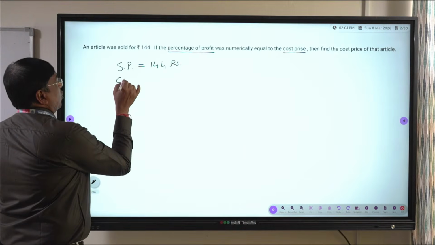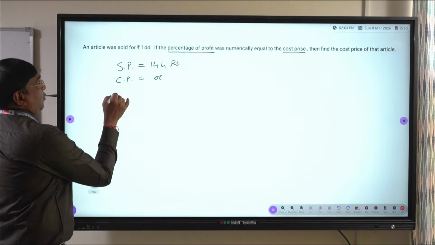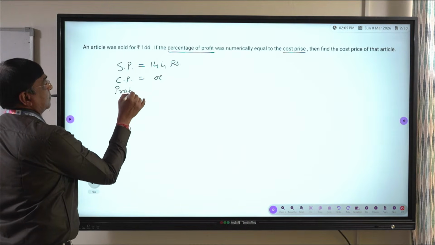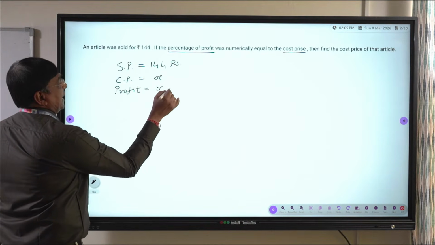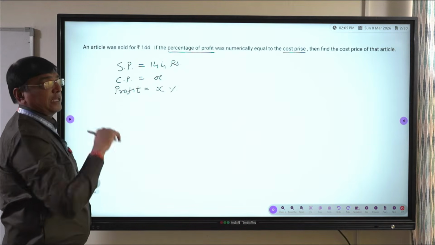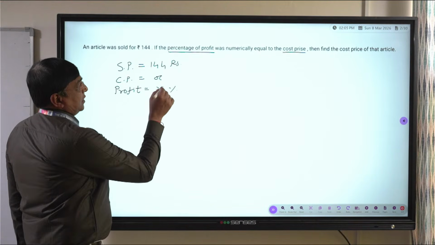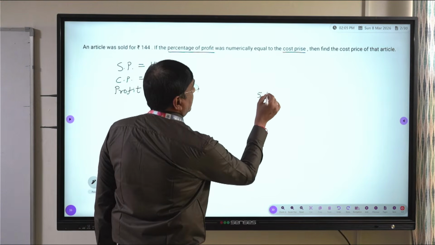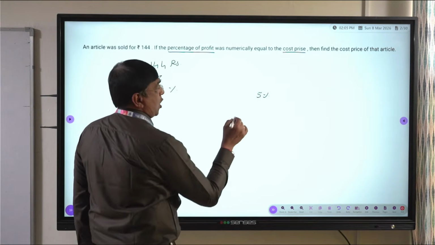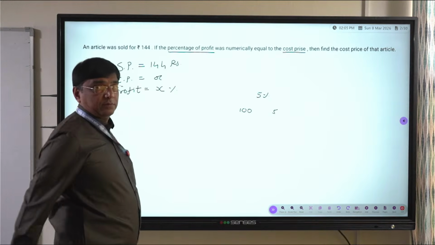So let us say cost price equals X, then profit percent is X percent. If the cost price is X, the profit is given as X%. Now if I say 5% profit, that is on 100 rupees we get 5 rupees as profit.